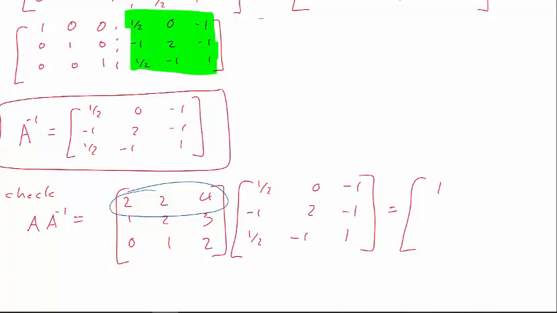We go to the next one. And so we've got 0 plus 4 minus 4. That's 0. Go to the next one. Negative 2 minus 2 plus 4, that will also be 0.